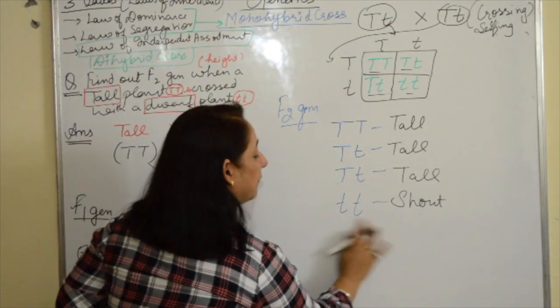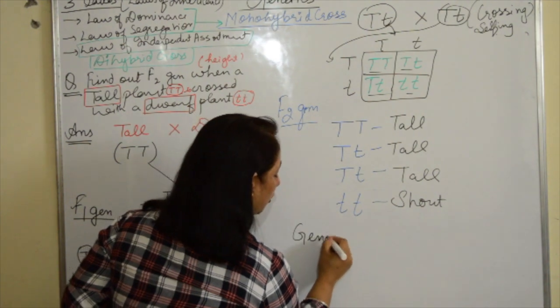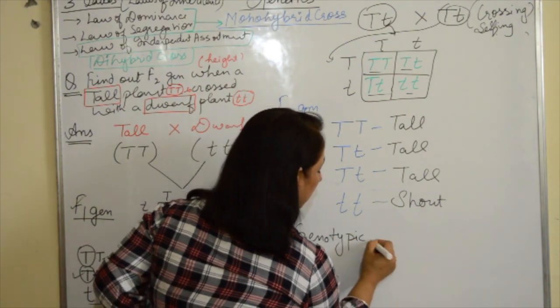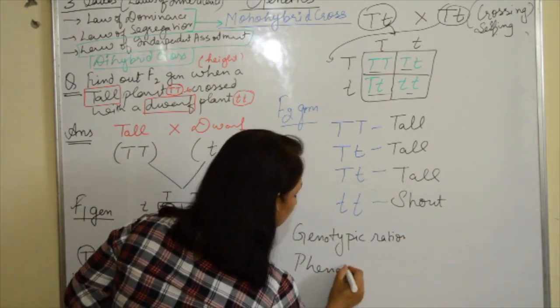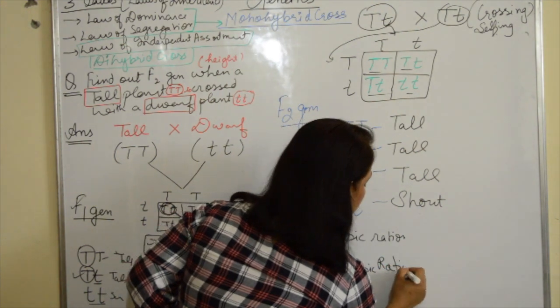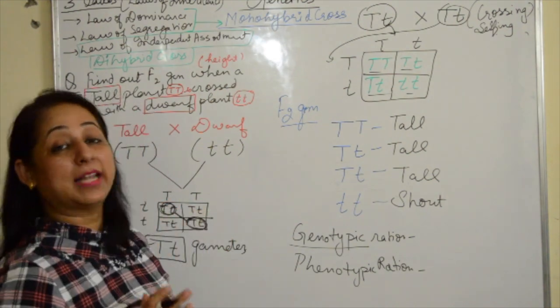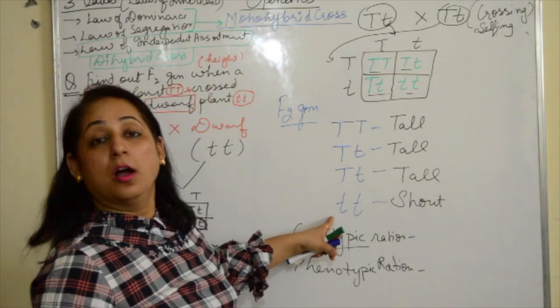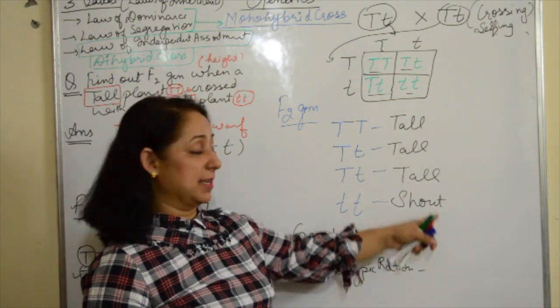Now we'll get two ratios here. It's called a genotypic ratio. We'll get a genotypic ratio and a phenotypic ratio. I have already explained these terms in the video, but still, genotypic ratio is the genotype of the offspring. Phenotypic ratio is the appearance, वो दिखते कैसे हैं.